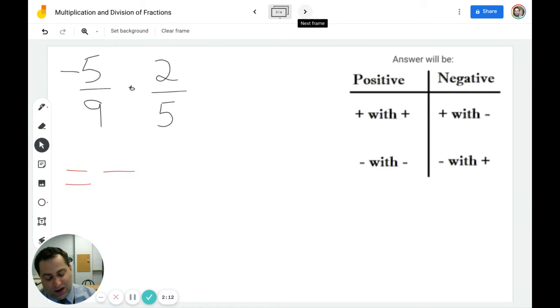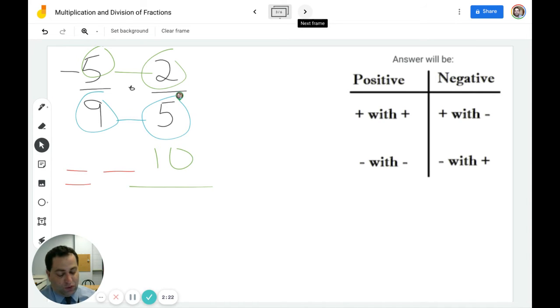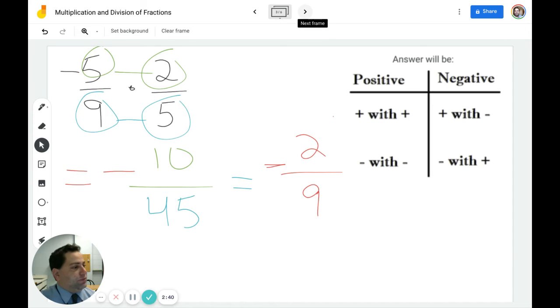So I have 5 times 2, and that's going to be 10, and I have 9 times 5, which is going to be 45. We, again, can simplify our problem by dividing by 5. 10 divided by 5 is 2, so it's going to be negative 2, and 45 divided by 5 is 9. So negative 2/9 is my answer.